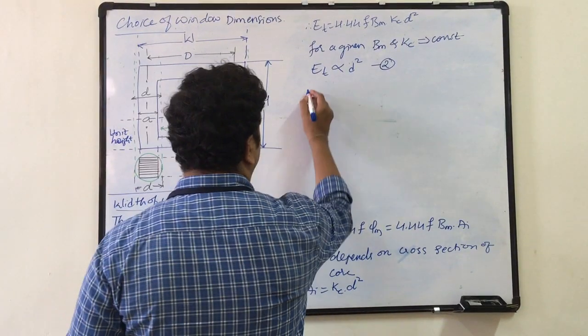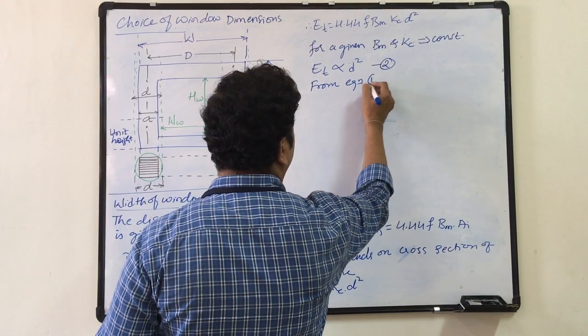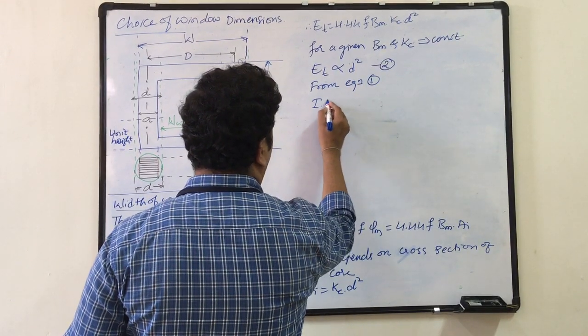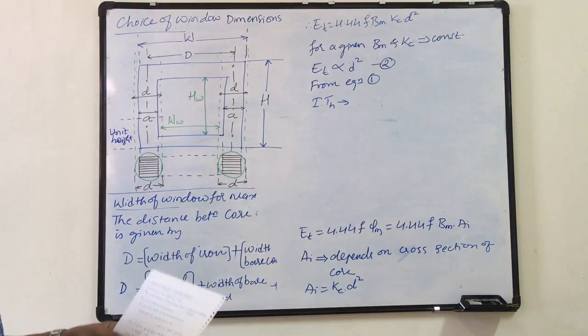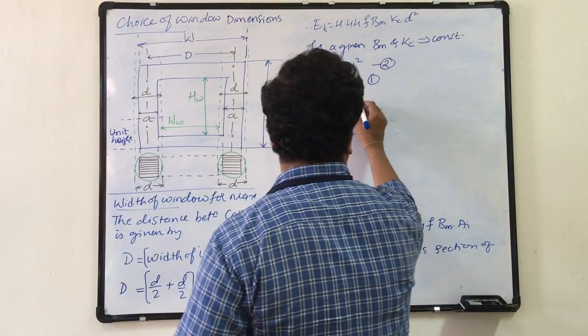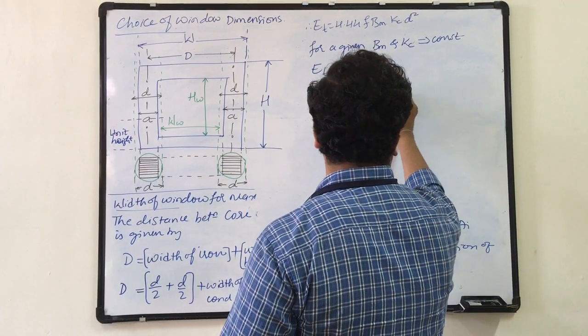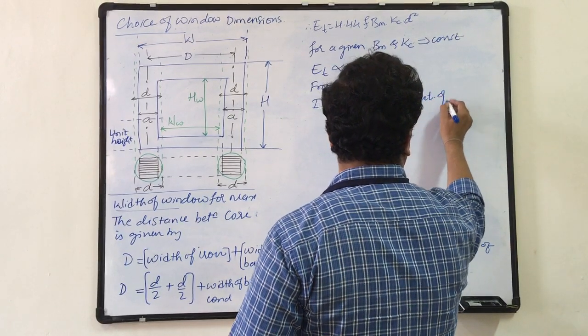From equation 1, I into Th is nothing but my MMF of the transformer per unit height. MMF per unit height of transformer.